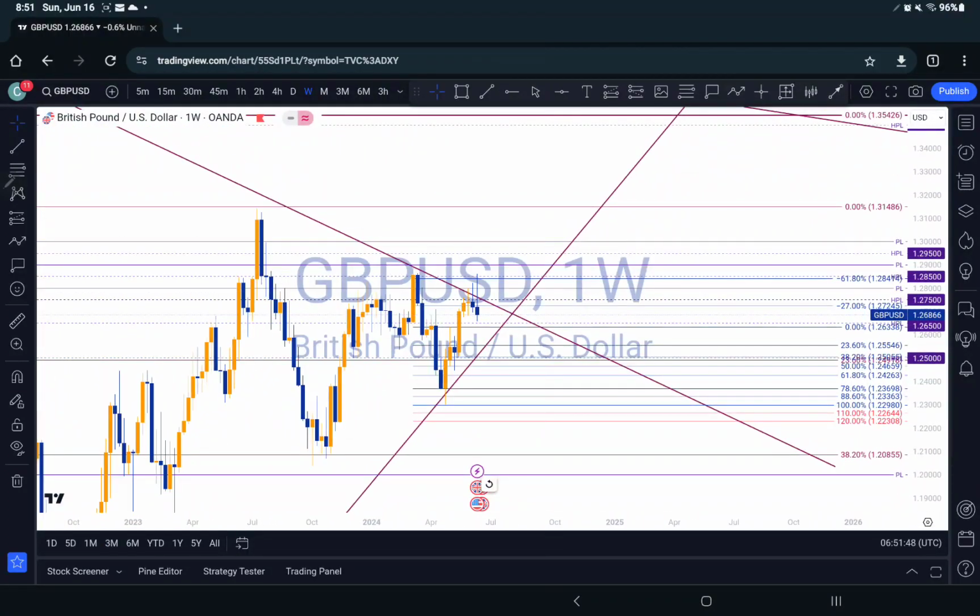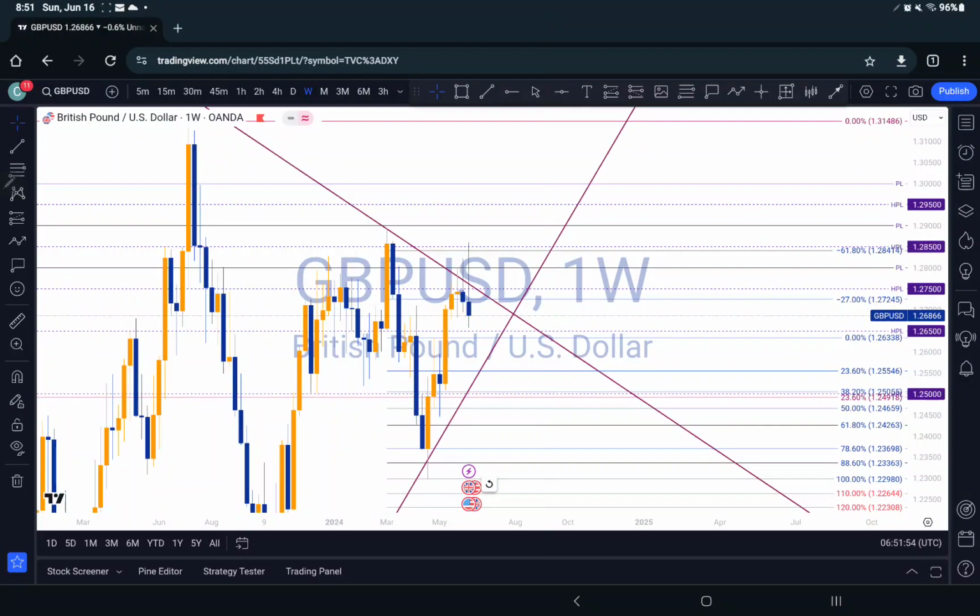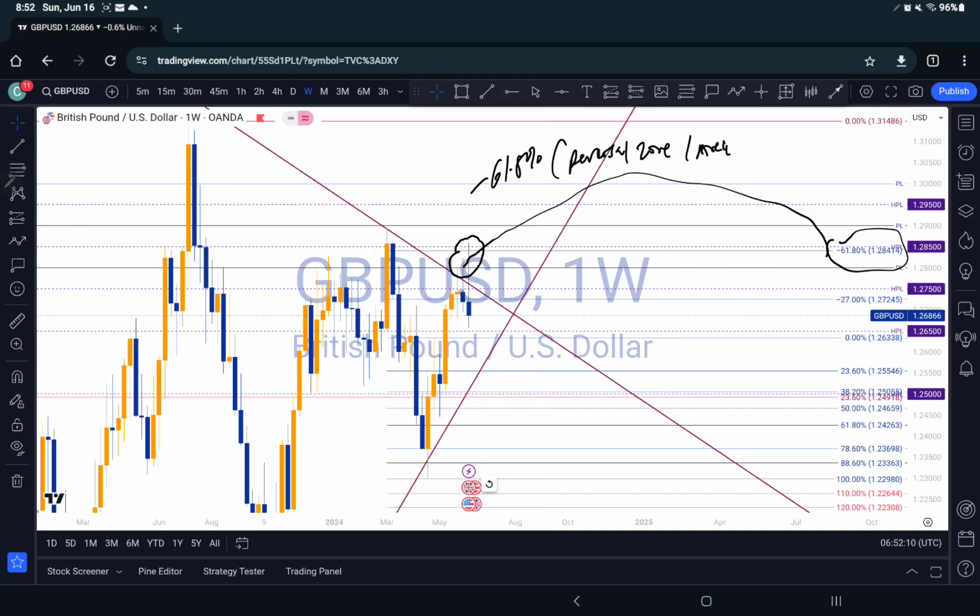If you watch my previous analysis on this as well, we can see that we currently hit negative 61.8% fib level, as we can see right here, and we rejected around that area. And remember, if you've been watching my analysis, negative 61.8% fib level is a reversal zone slash area, right?